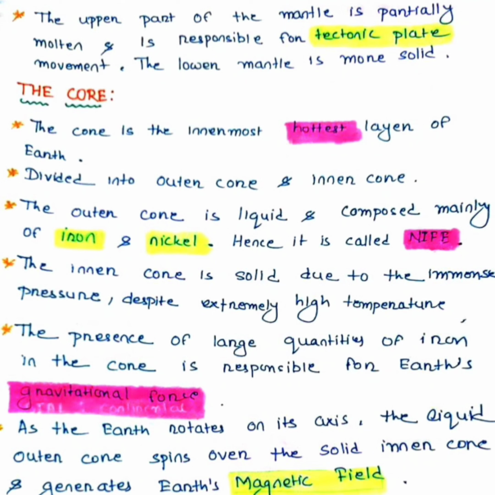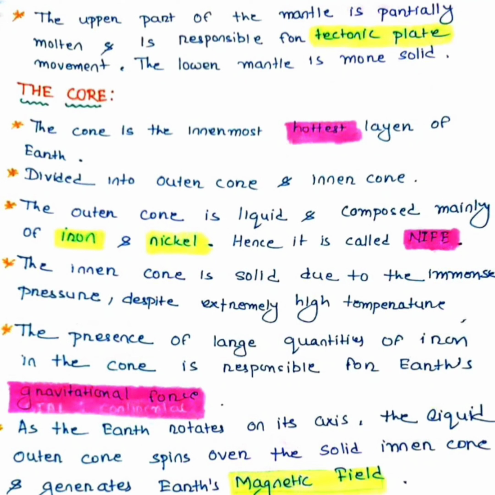Ni for nickel and Fe for iron. And the inner core is solid due to the immense pressure. Despite extremely high temperature, the inner core is solid as the pressure is more there.